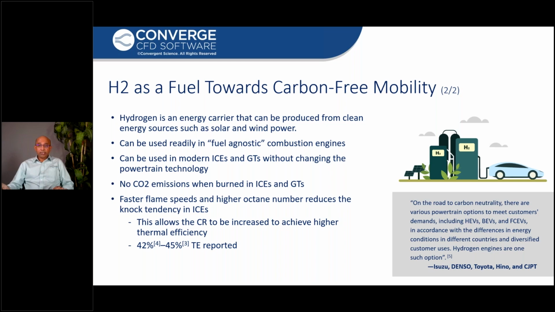Hydrogen has a higher octane number, and combined with its faster flame speeds, provides an ideal solution to increase thermal efficiency by reducing knock tendencies when operated at higher compression ratios. There's literature suggesting hydrogen ICEs, or internal combustion engines, can attain thermal efficiencies of around 45%.